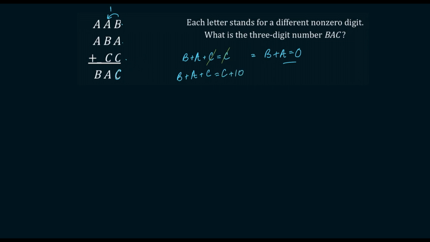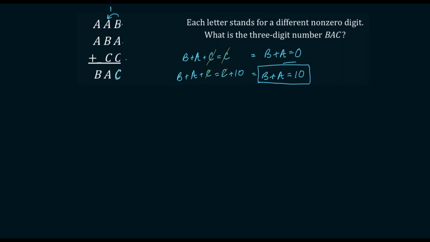And now when we cancel out the C's, we get B plus A is equal to 10. Now this is valid, and this is going to be a very important equation. One of the 3 main equations that we'll be using in this problem.